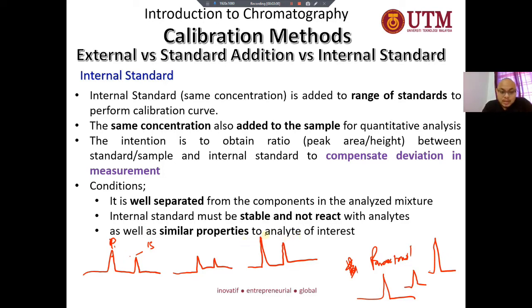So if we encounter fluctuation of the instrumentation reading, we need to use the internal standard, because the height ratio or the area ratio should be the same, even though we have a fluctuating reading.